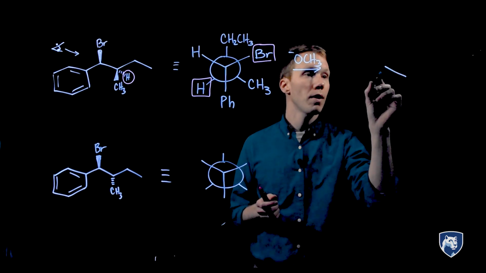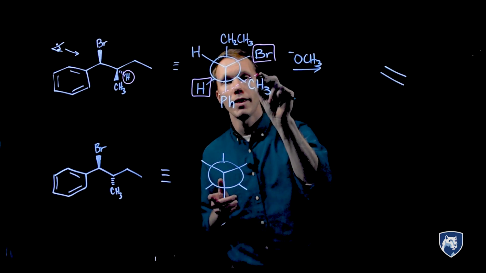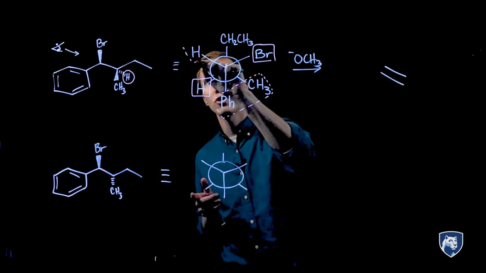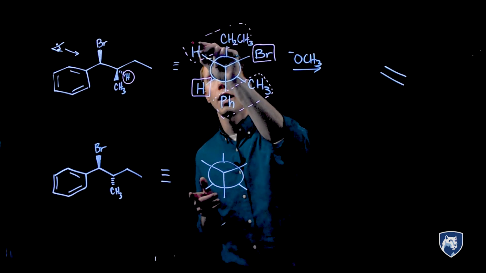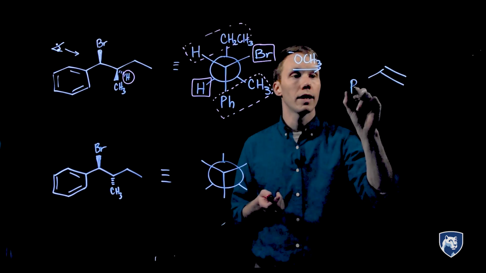And this alkene product will have the methyl group and the phenyl group on the same side, and the hydrogen and my ethyl group on the same side. So that would look like this.